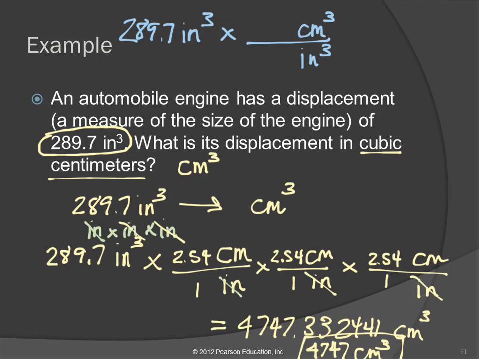I'm writing those cubes in there, but the number comes from the relationship between centimeters and inches. There's 2.54 centimeters in an inch, but because the unit is cubed, the number has to get cubed also. Here's another way to think of it.